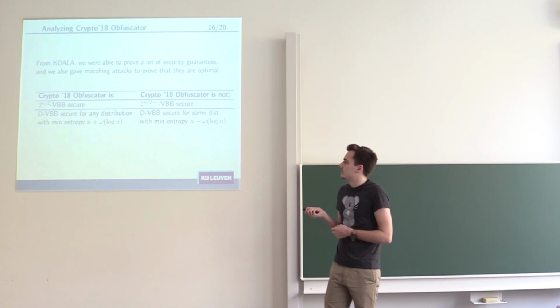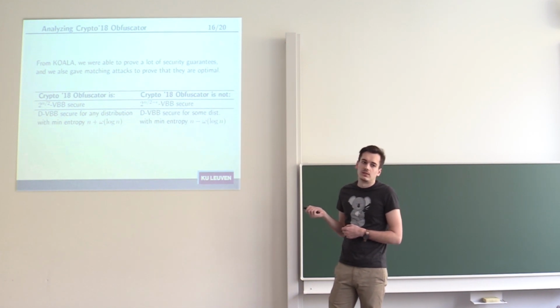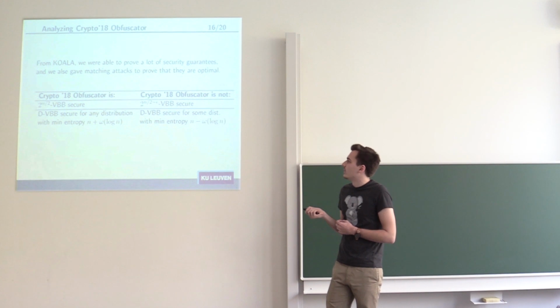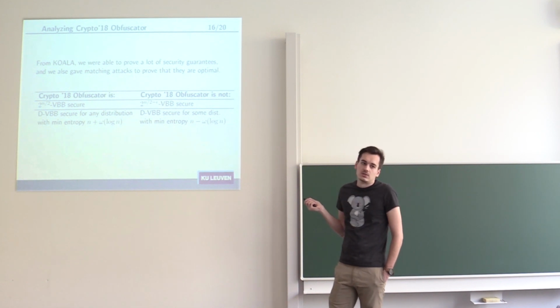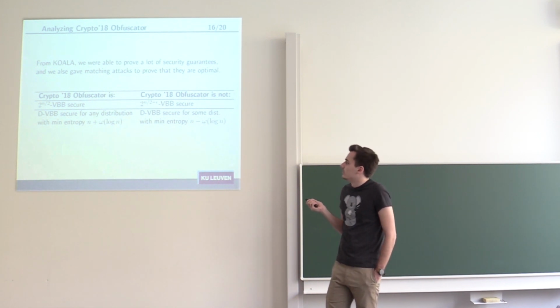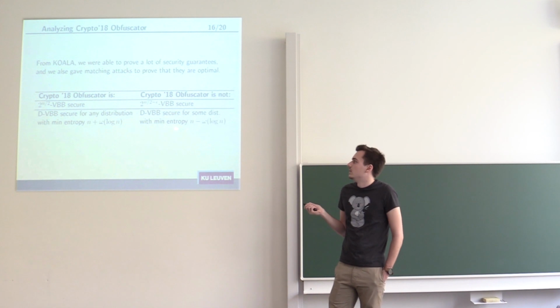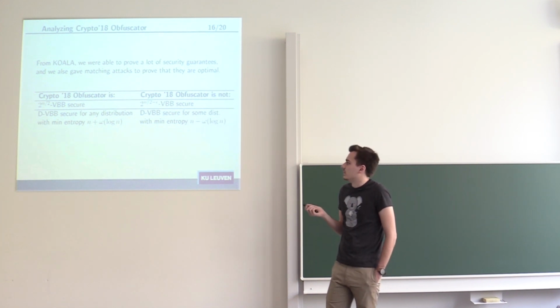We show that for any distribution of patterns which has min-entropy n plus something that grows larger than log of n, it's secure. And there are distributions with min-entropy n minus something that grows larger than log n, for which it's not secure. So n is like the best bound that we can get.